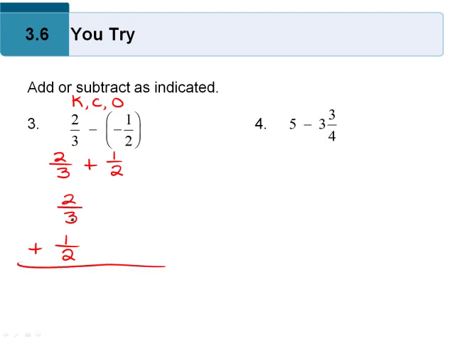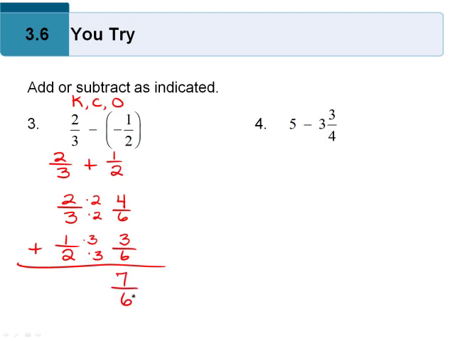A common denominator for 3 and 2 would be 6. 6 divided by 3 is 2, so 2 times 2 would be 4 on top of that first fraction. On the bottom, 6 divided by 2 is 3, so 1 times 3 is 3. And now if you add, 4 plus 3 would be 7 over 6.